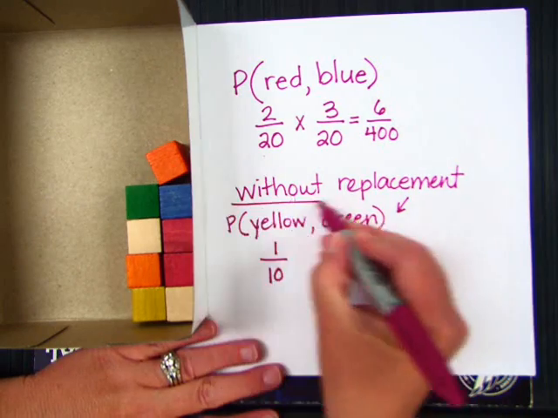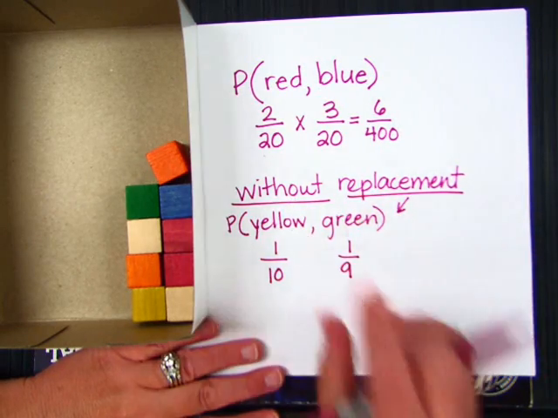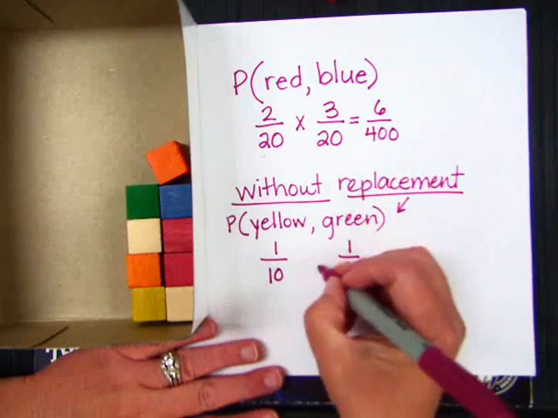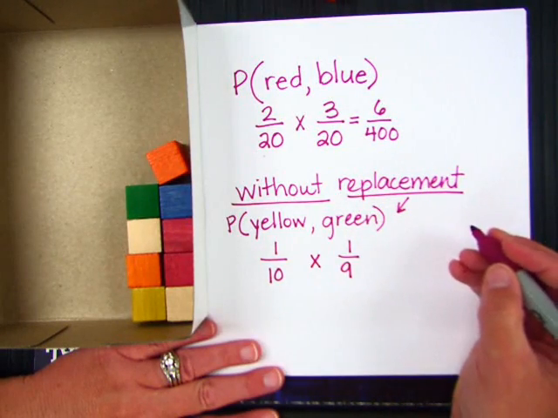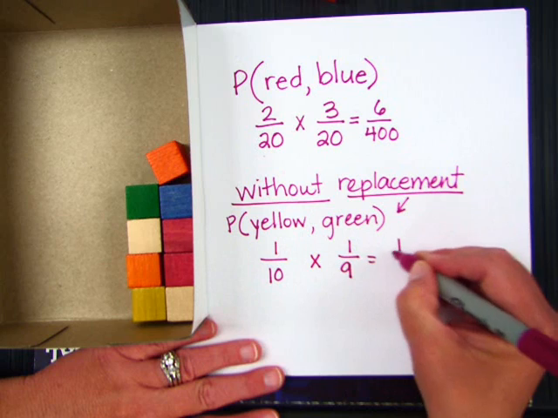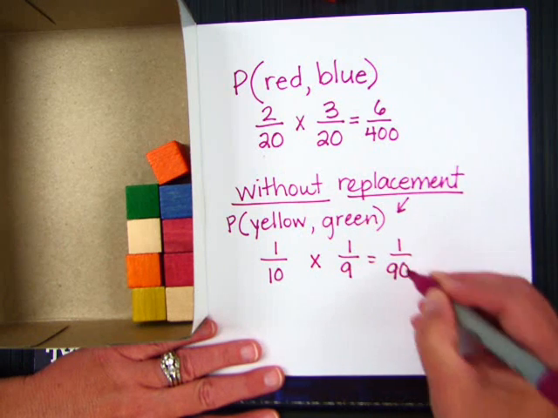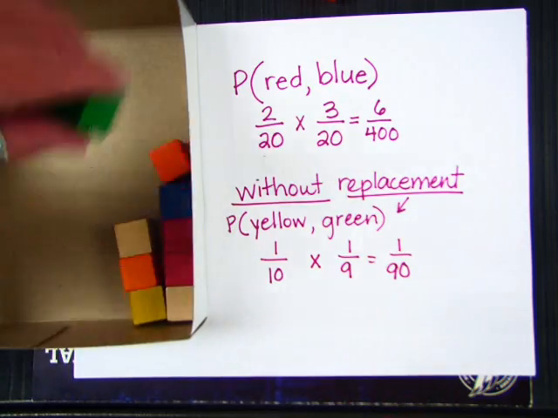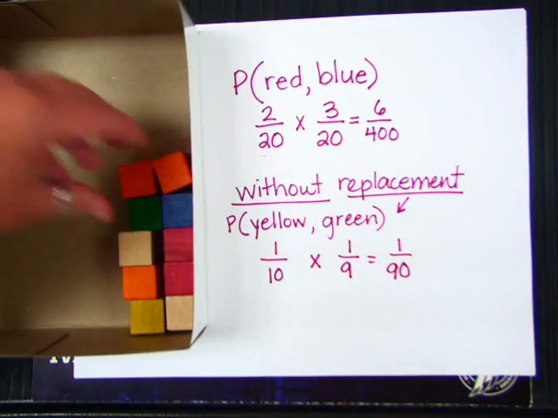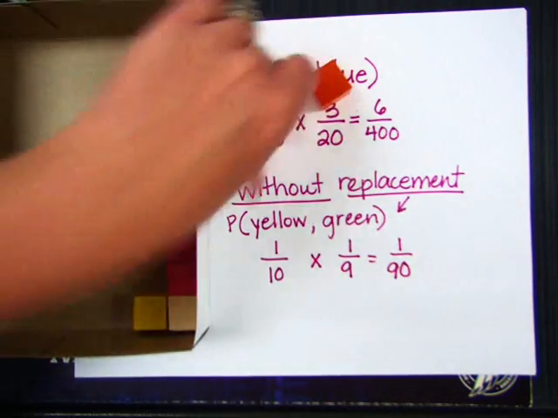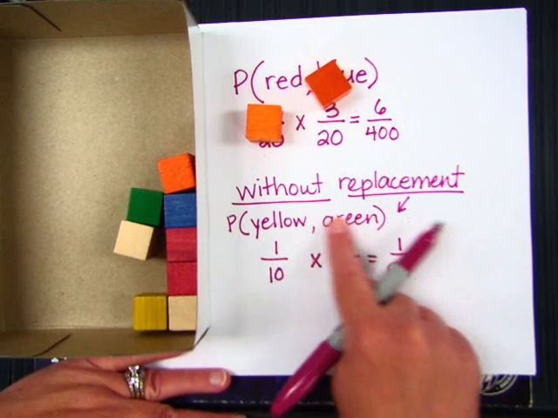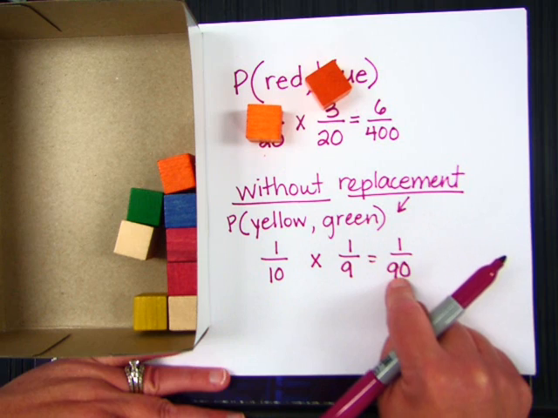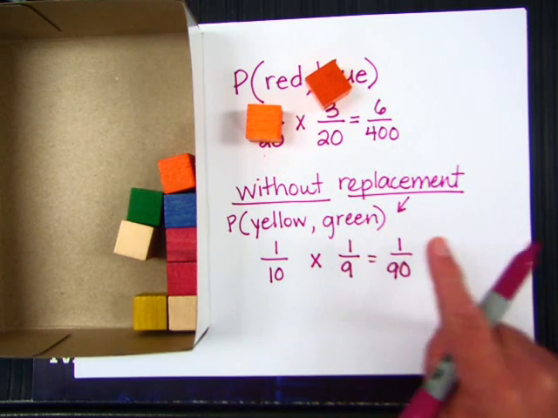So if I use without replacement, if I don't put this cube back in after I pick it out, then my chances get considerably better. 1 times 1 is 1, and 10 times 9 is 90. So now if I were to pick twice, pick a cube, here's my entire box, I pick a cube, I leave it out, I pick another cube, the probability of getting a yellow and then a green is if I did it 90 times, I would get a yellow and a green 1 time.